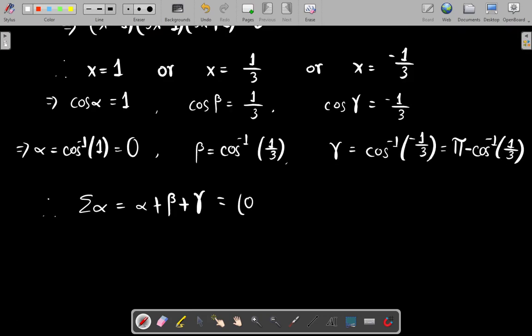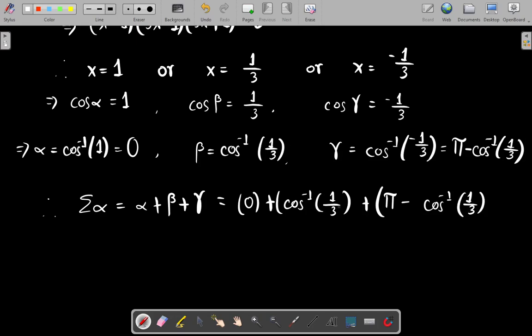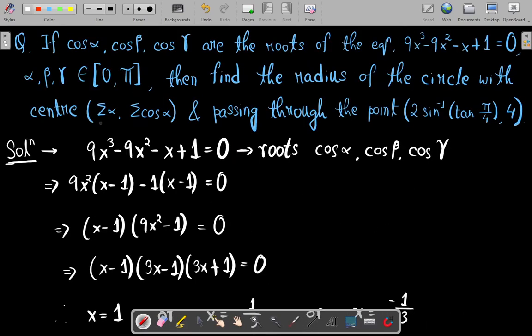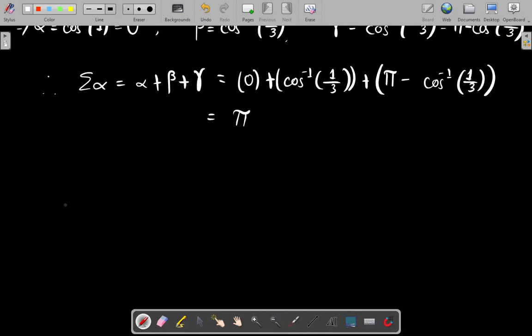Alpha is 0, beta is cos inverse of 1/3, and gamma is nothing but pi minus cos inverse 1/3. The cos inverse terms are of opposite signs, so they will cancel out, and we are left with only pi. So this is the x coordinate of the center of the circle. The summation alpha is nothing but pi.